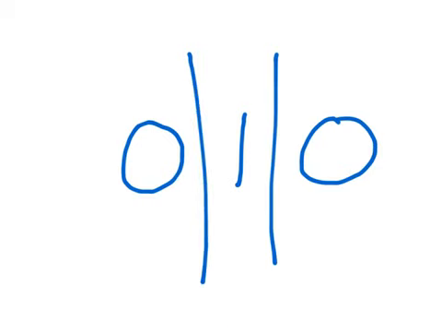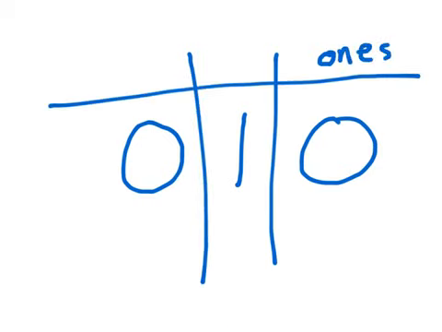So when you write out a binary number, like this for example, we can put it in columns just like we normally would. We always have the ones column, and that's true in any base, whether it's base 10 or base 2 or whatever the case is. You always have your ones column on the far right. Now, next to that, we have the base, whatever the base happens to be.